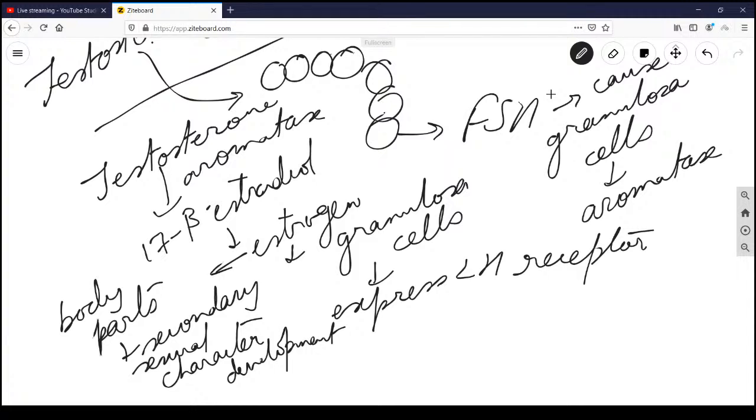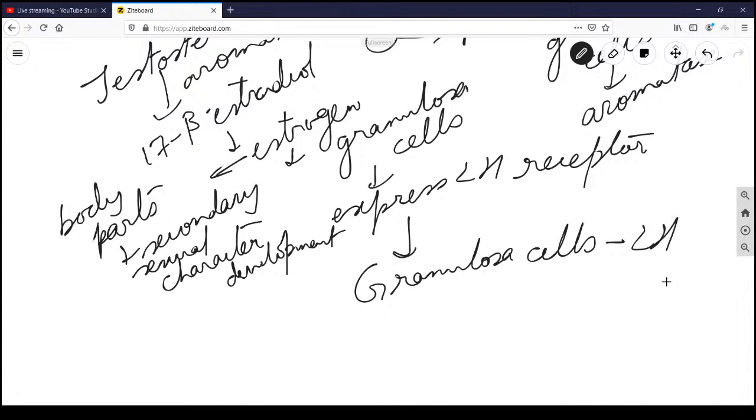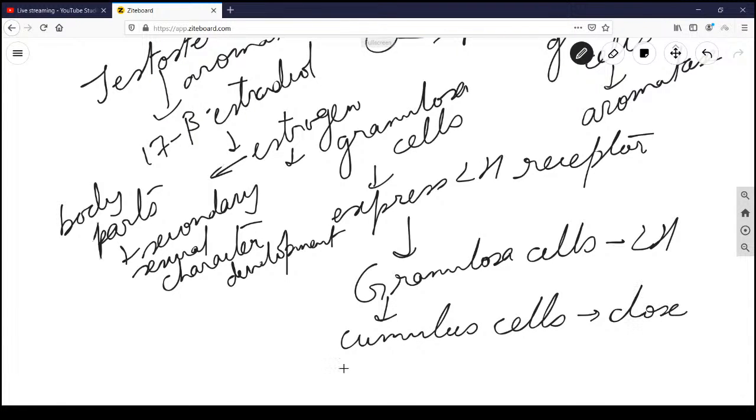Now, due to expressing LH receptor, the granulosa cells will bind to luteinizing hormone, and when they do, the cumulus cells mainly will close their gap junction.